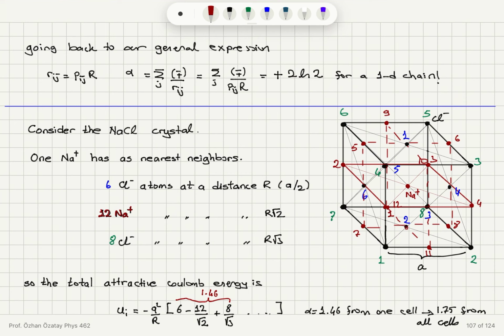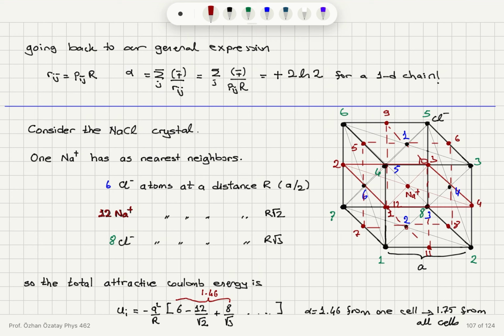Okay, so the total attractive Coulomb energy we can write as minus Q squared over R multiplied by 6. Between chlorine atoms and sodium atoms, we have Q squared over R, but with a minus sign because it's attractive. One has positive charge, one has negative charge, and we have 6 of them.